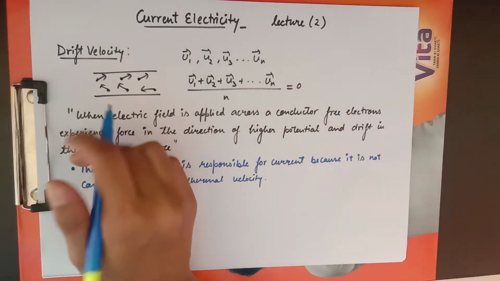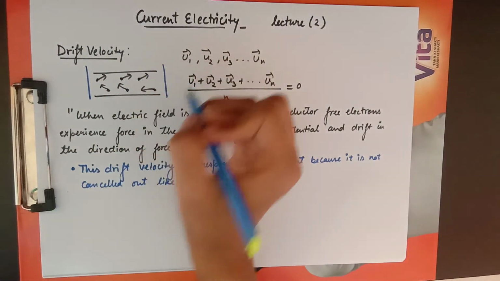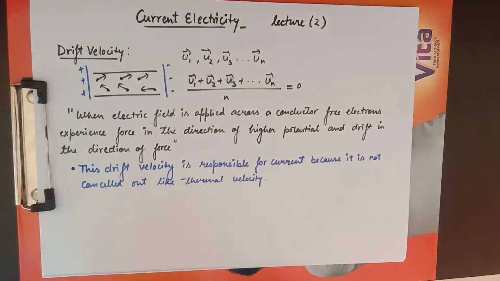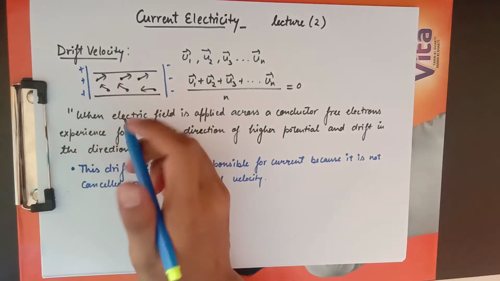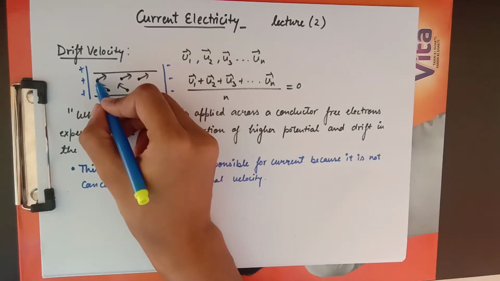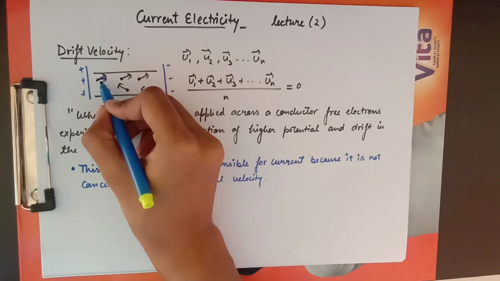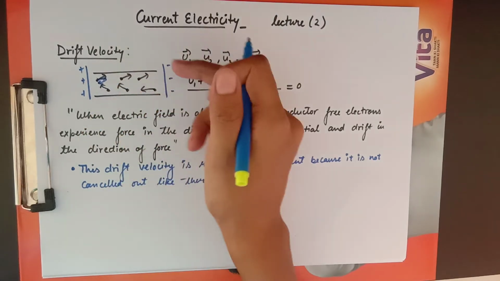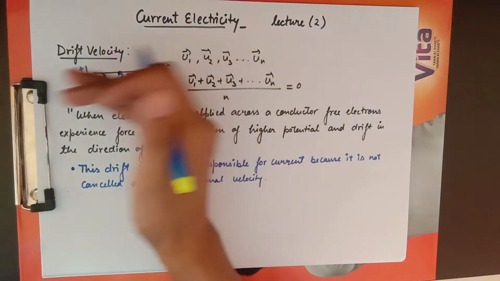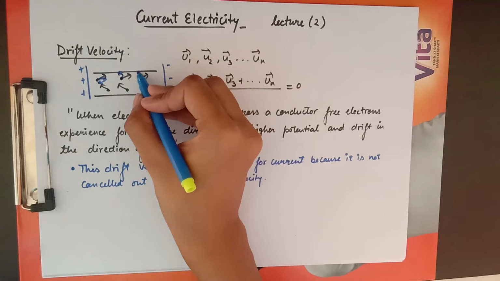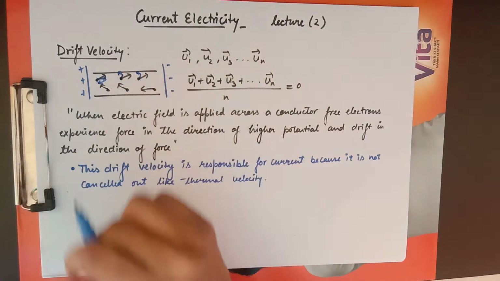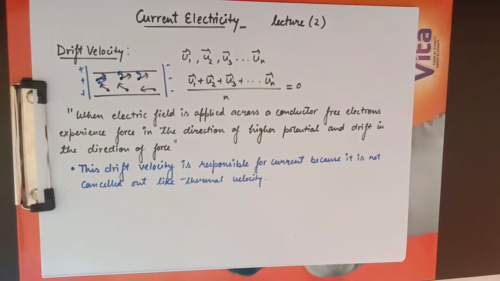Suppose in this conductor, if I apply electric potential, this end is at higher potential, this end is at lower potential, then instead of moving randomly like this, these electrons will drift like this. This electron will try to drift in the direction of higher potential. This electron will drift, and there will be some drift velocity inside this conductor.